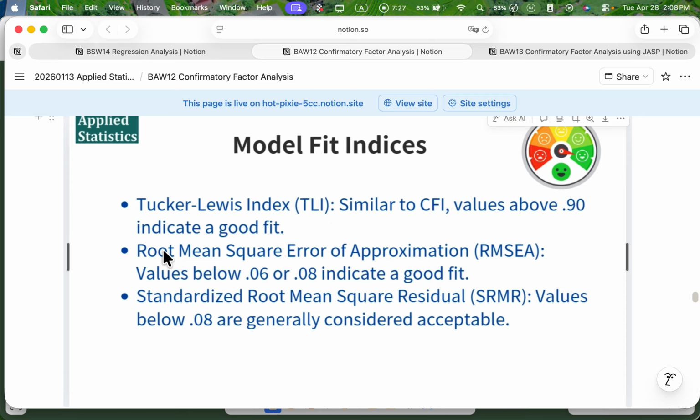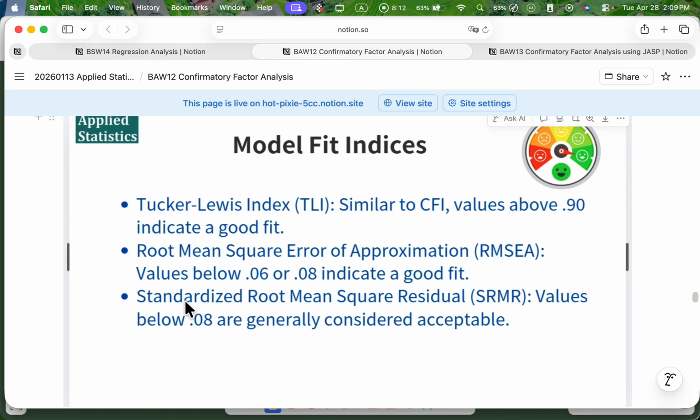And now the next one is called root mean square error of approximation, or RMSEA. The value we expect is below 0.06, or some researchers recommend 0.08. So we like the RMSEA as small as possible. We need below 0.06 or 0.08 to indicate a good fit.